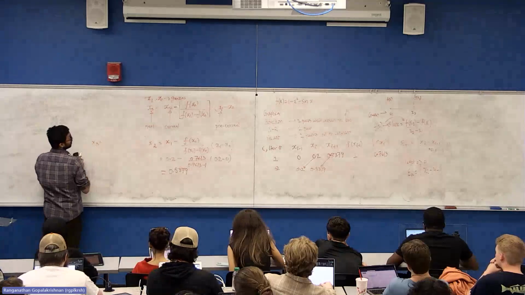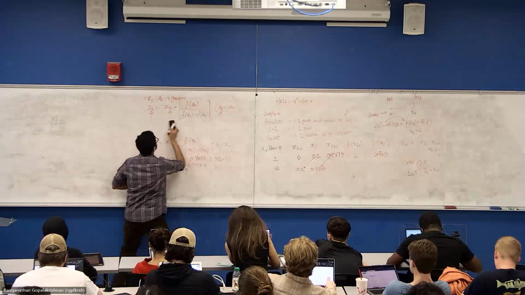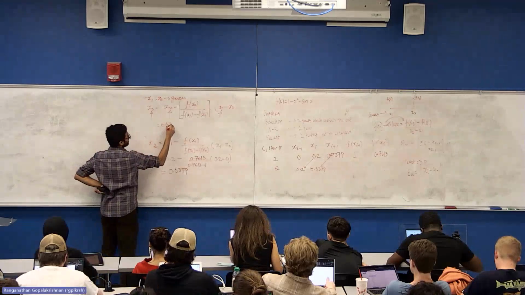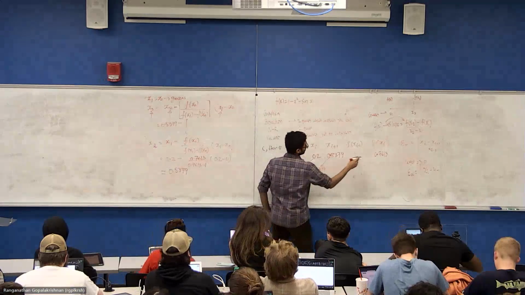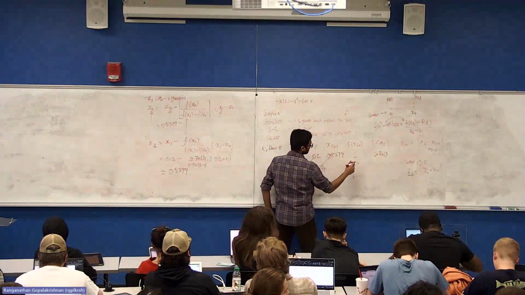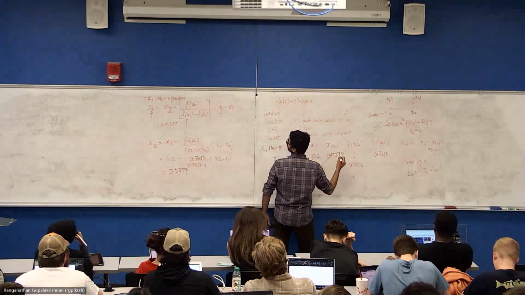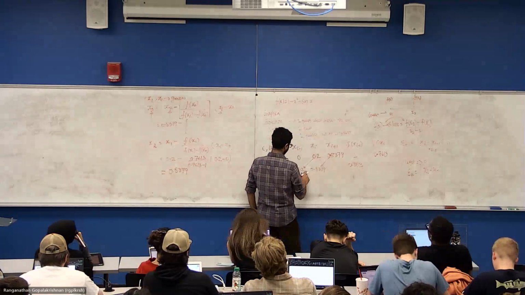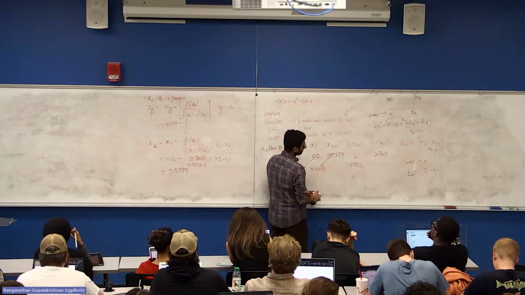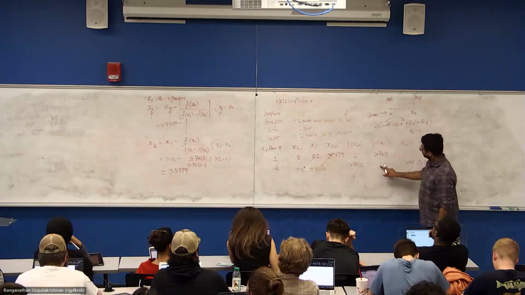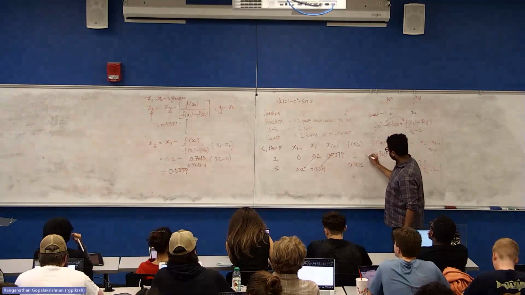x3 is, oh, I have it right here. x3 is x2 minus this. So that would be 0.8379 minus, what is f of x2? That would be 0.78. Yeah, this is x2, this is x1. Yeah, this is f of 0.2.